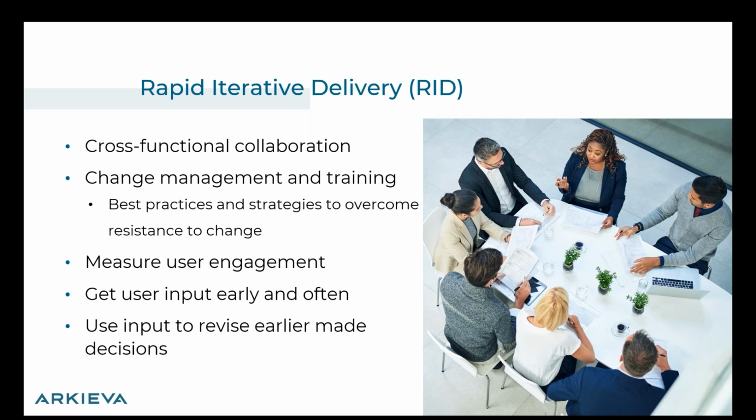So all these things require for us to get everybody excited, get them to provide not just the work, but also their input early and often. And we have to encourage them to say, hey, don't be too bogged down by the decision you made last week. If now, as you are learning more about the system, you need to revise something, let us do it now.